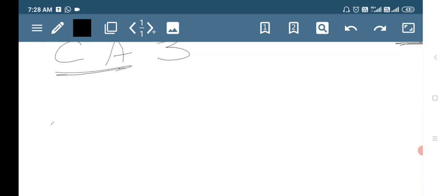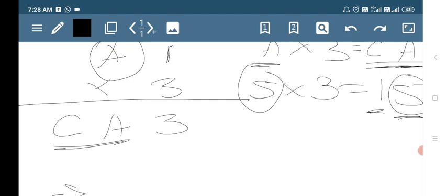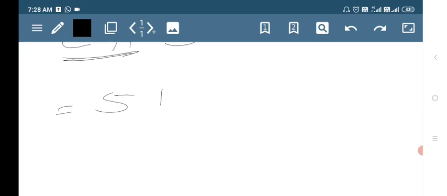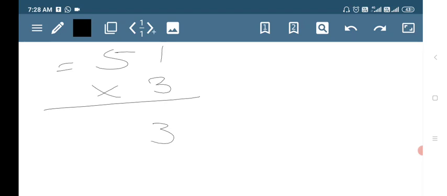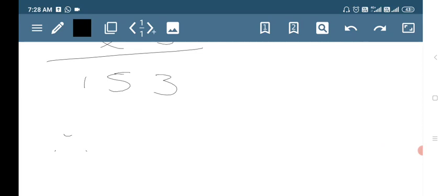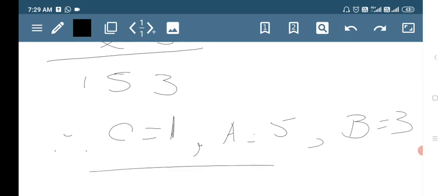So we can write next, the value of A is equals to 5. So 51 into 3 is 3 ones are 3, 3 5s are 15. Therefore, C is equals to 1, A is equals to 5 and B is equals to 1.